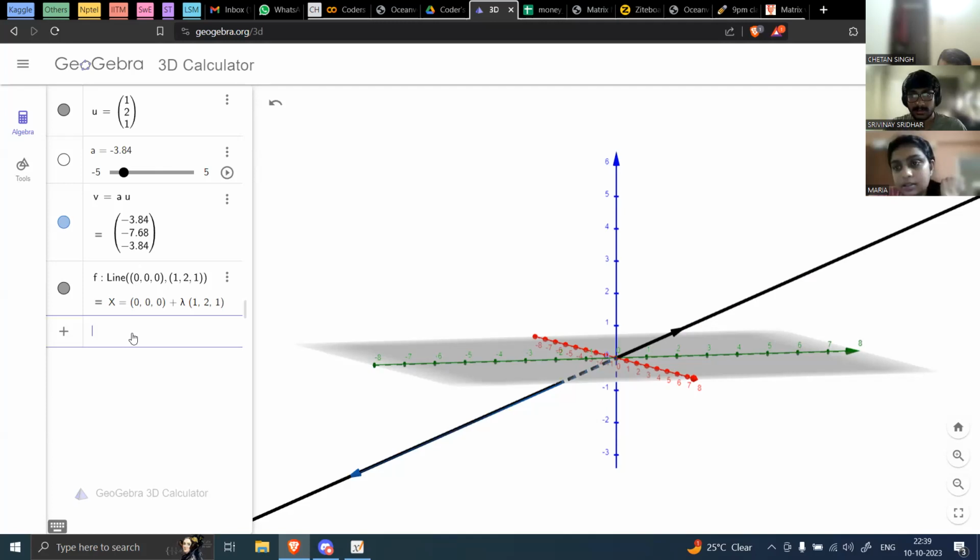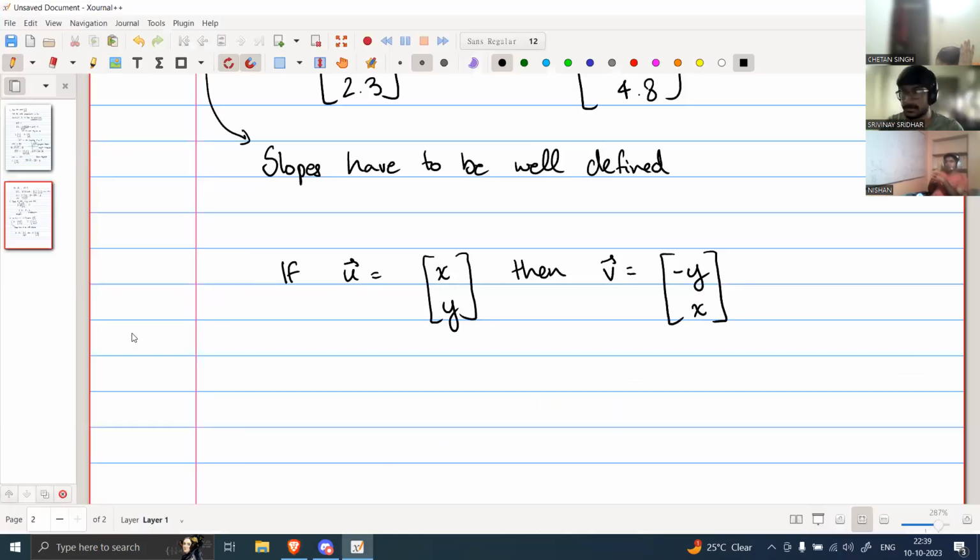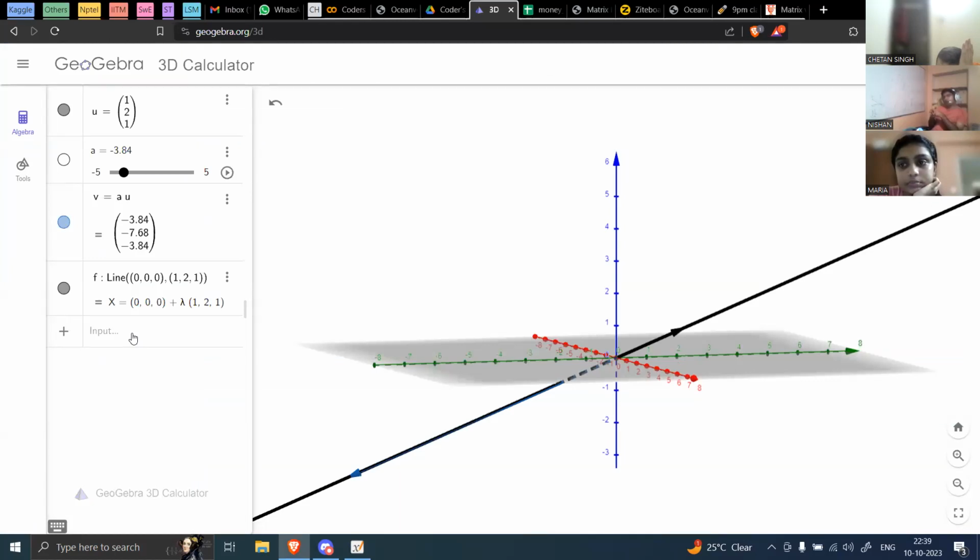One point is the origin, so that makes it quite easy. If you know a vector, and one point is the origin, then we can write a formula for the equation of the line through two points, in R3. The formula is y2 minus y1 upon x2 minus x1 into x minus x1.